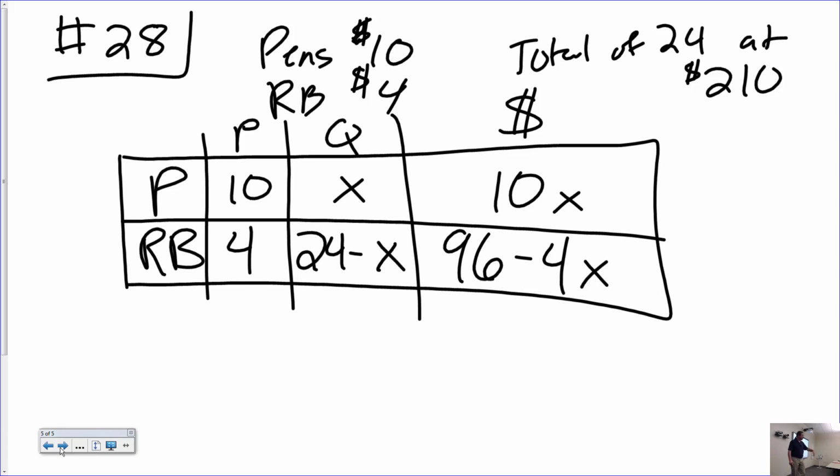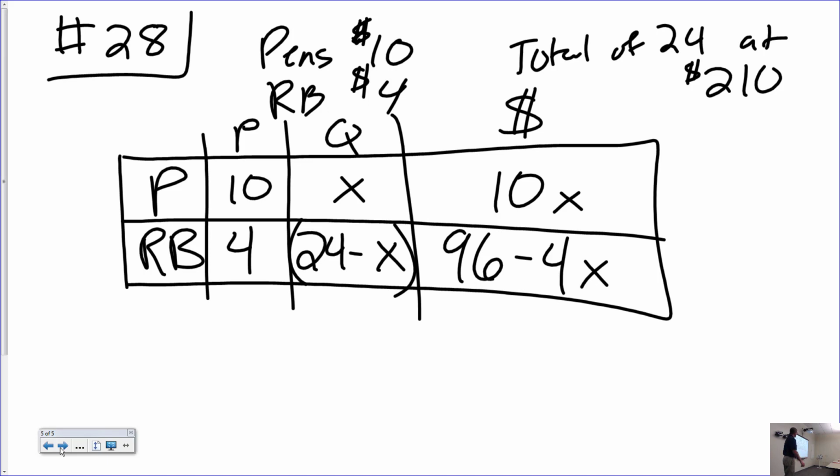Again, remember that you distribute through that 24 minus x. That's the one thing I want to make sure you get when you do this on the homeworks and tests, because you will have one like this on the test.